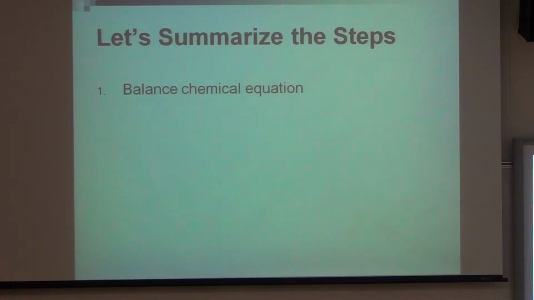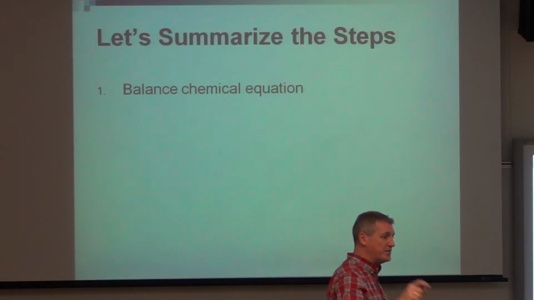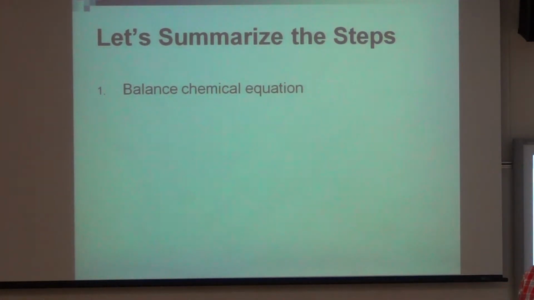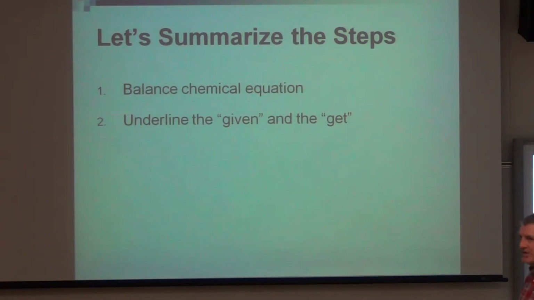Okay, so what do we do? We balance the chemical equation. Well, you didn't have to balance it this time, but if you were given a description of the chemical equation, you have to write it out. Make sure you balance it. Clearly note what's given and what you're hunting for. What's the given and what's the get. What's your known, what's your unknown. Check out your roadmap. Roll grams to moles, moles to moles, moles to grams.